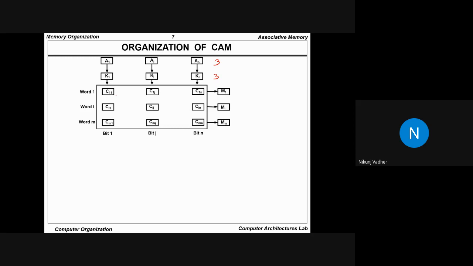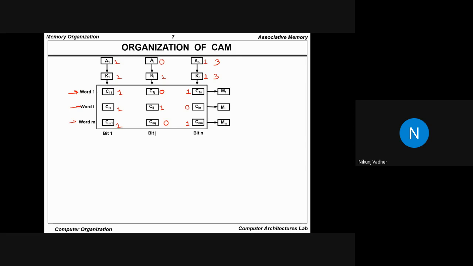Now let's say these are our values: 101, 110, 101. The value of key is 111, meaning we want to match all the bits. Let's say the value of argument is 101. So this is word 1, word 2, word M, likewise word N, whatever you want to say.